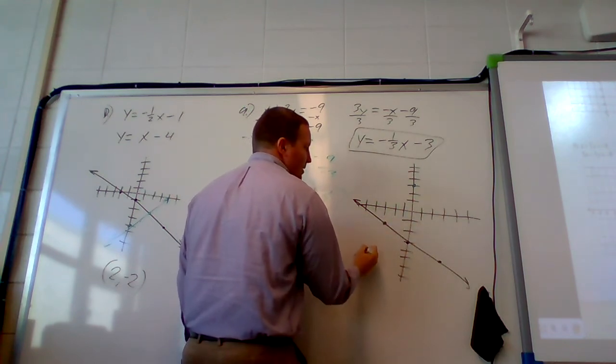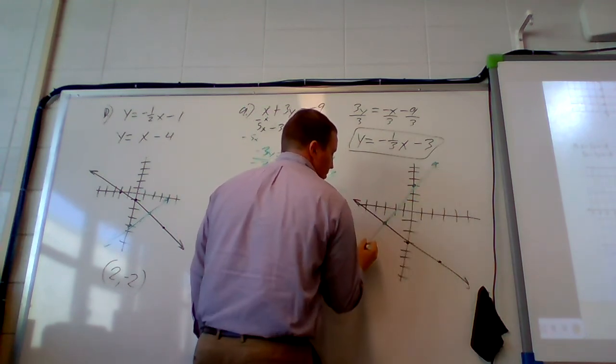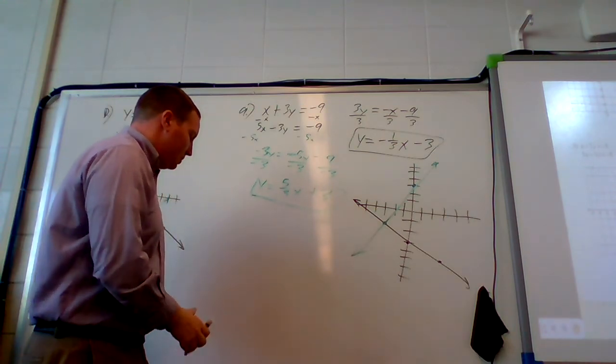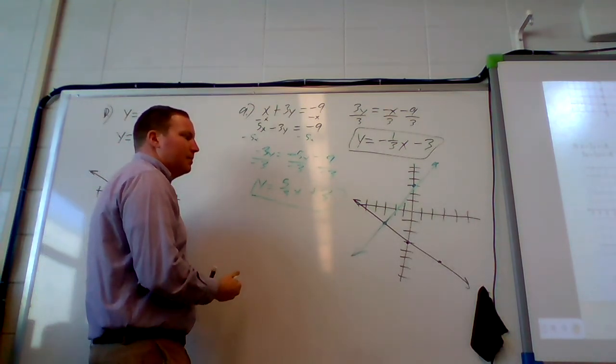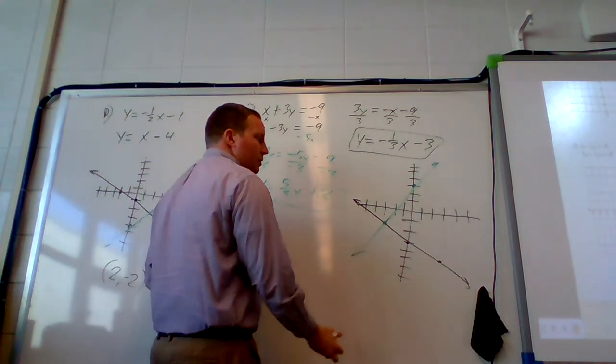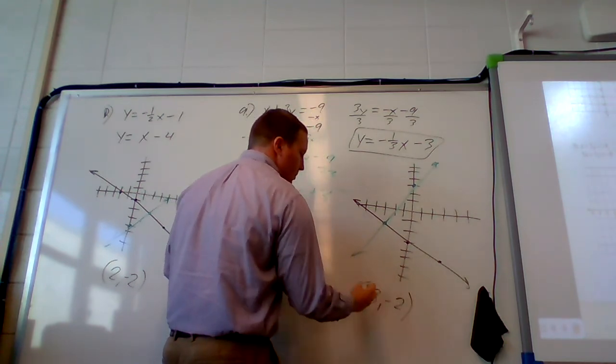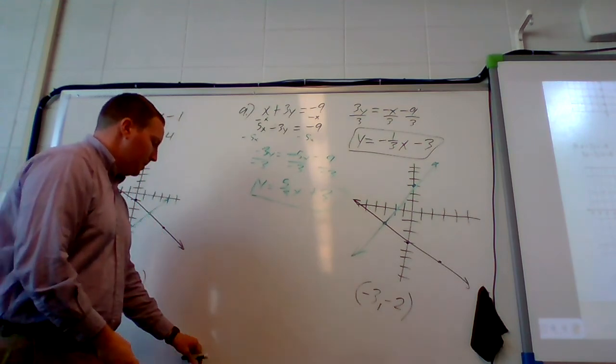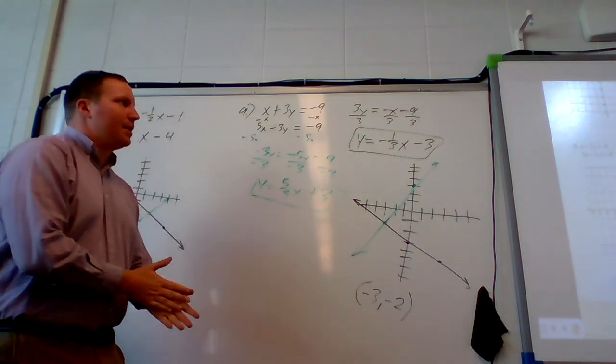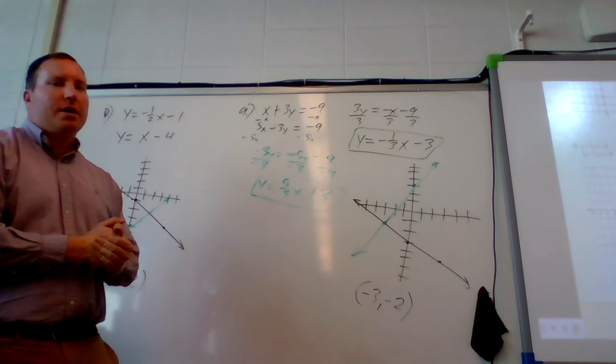Again, that's still on that same line. So where's my intersection point at? (-3, -2). Okay. So that is solving our systems of equations by graphing.